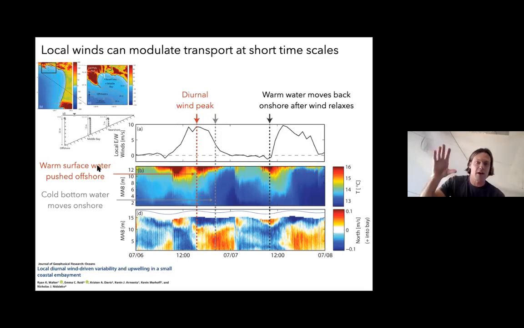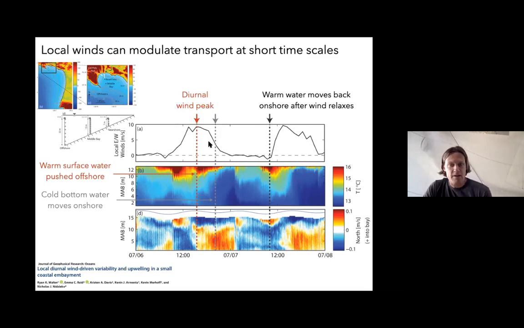The thickness of that warm layer in red in the second panel gets progressively smaller and smaller as that warm water is transported offshore. Associated with this transport offshore is the intrusion or delivery of cold water at the bottom. So we see the cold water increase throughout the water column for the duration of the wind.